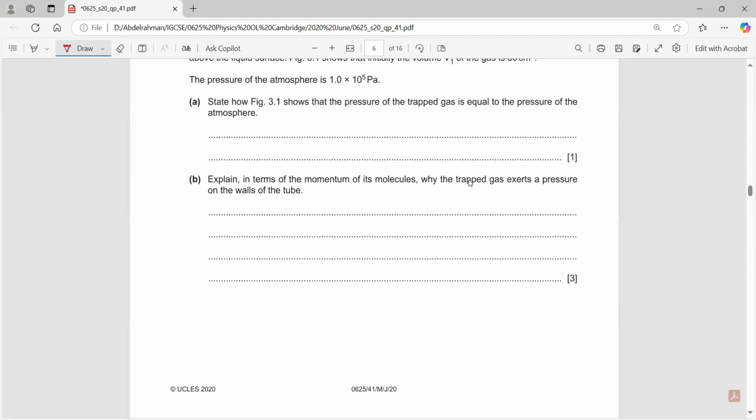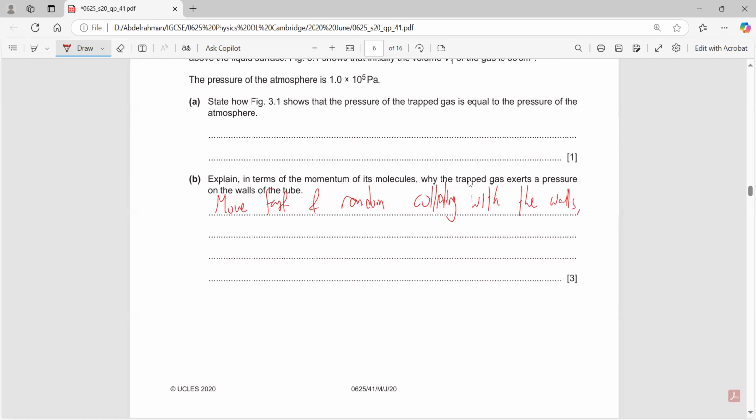Explain in terms of momentum of its molecules why the trapped gas exerts a pressure on the walls of the tube. We know that gas molecules move fast and random, colliding with the walls. As they collide with the walls, what happens?